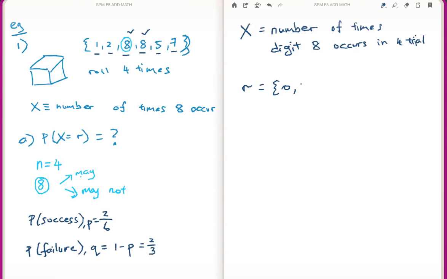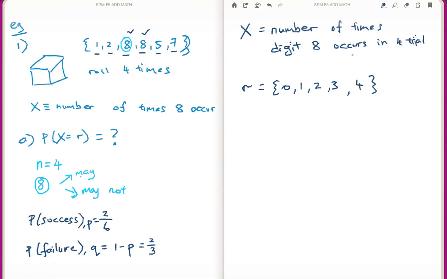Under 4 times it comes up once, twice, 3 times, or all 4 times you get 8. Because r is the possible outcome.